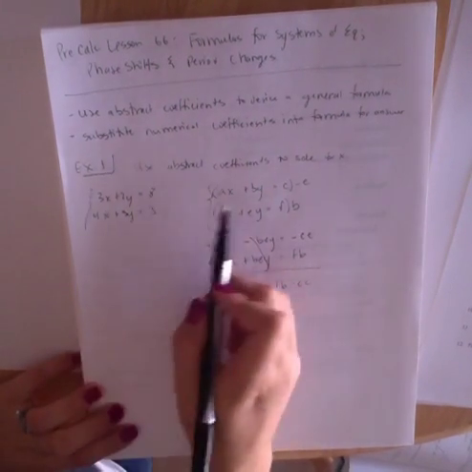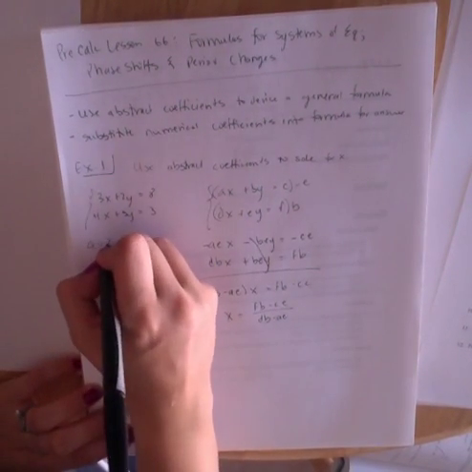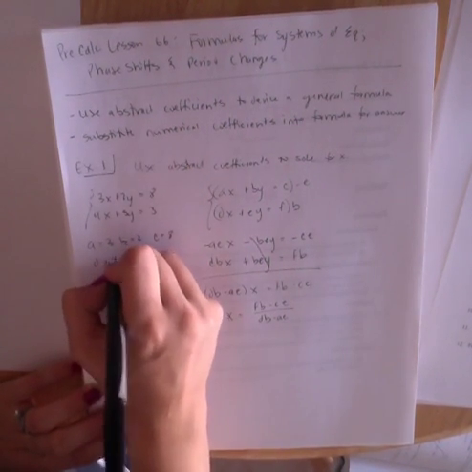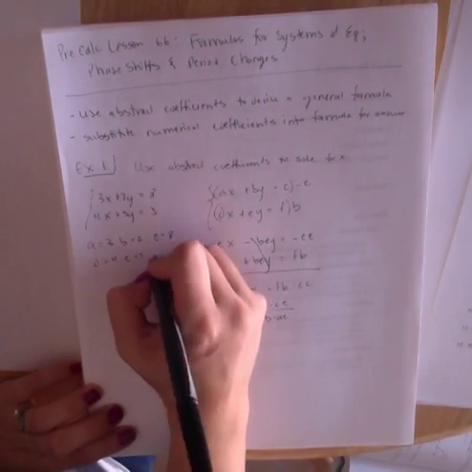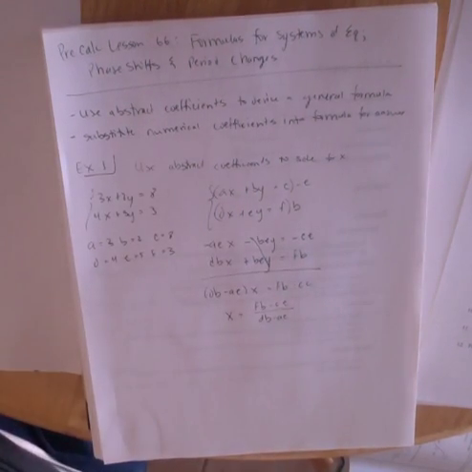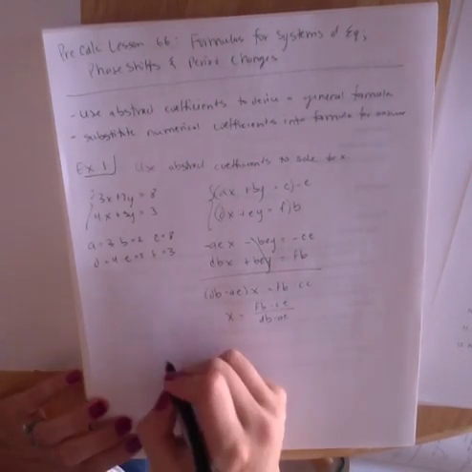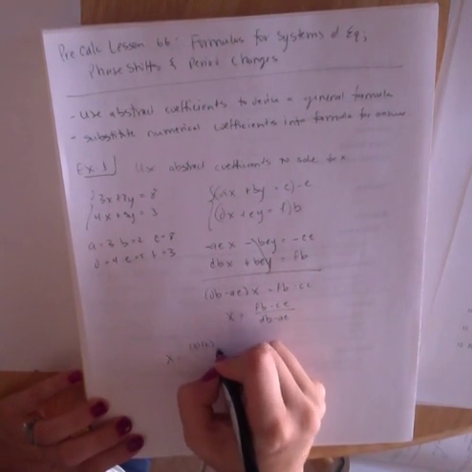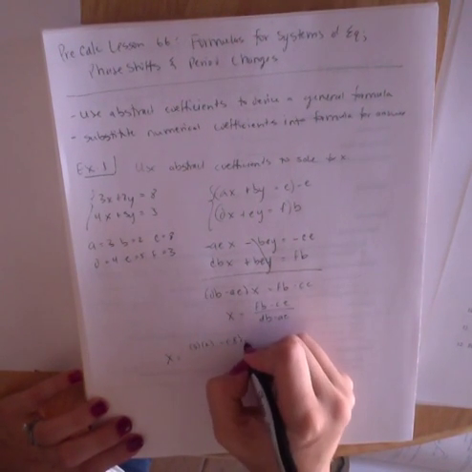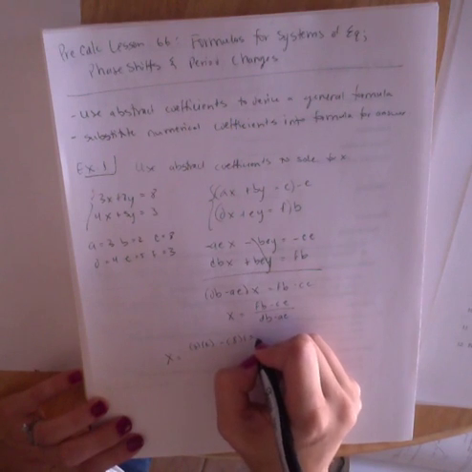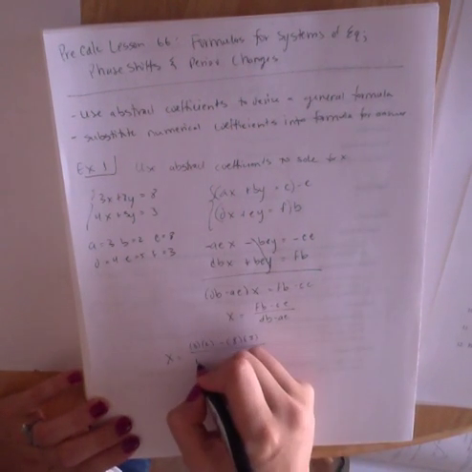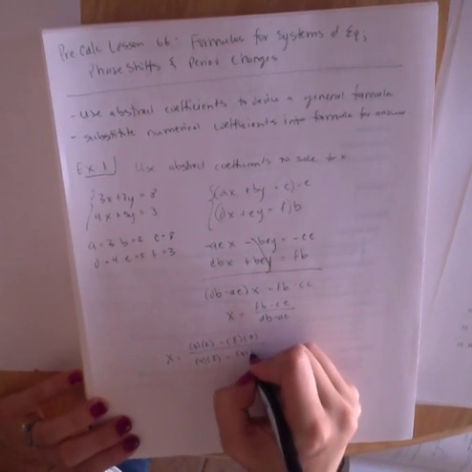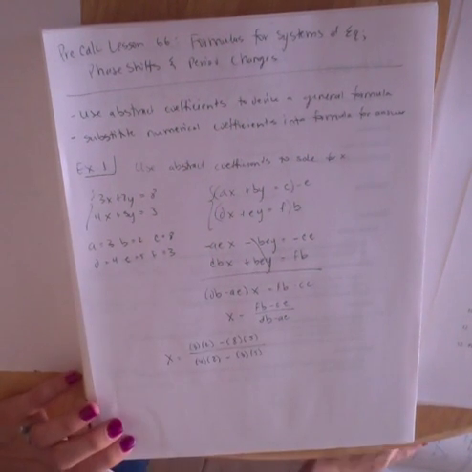Now if we relate these two equations, I know that a is 3, b is 2, c is 8, d is 4, e is 5, f is 3. I'm now going to substitute those in for x. So x is f, which is 3, times b, which is 2, minus c, which is 8, times e, which is 5, over d, which is 4, times b, which is 2, minus a, which is 3, times e, which is 5.